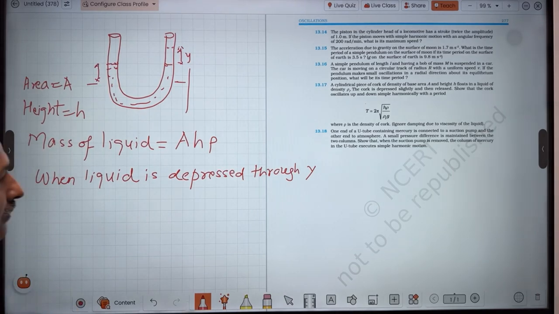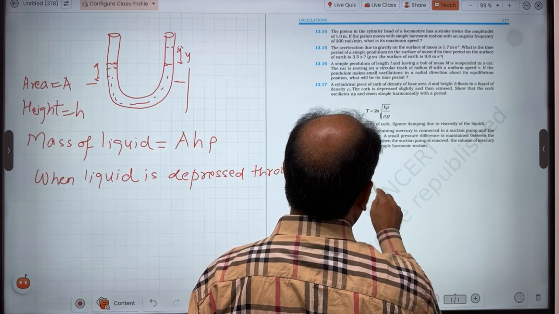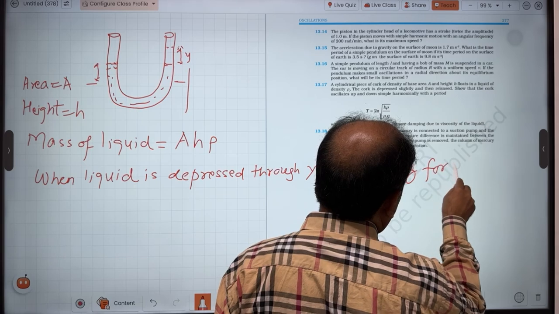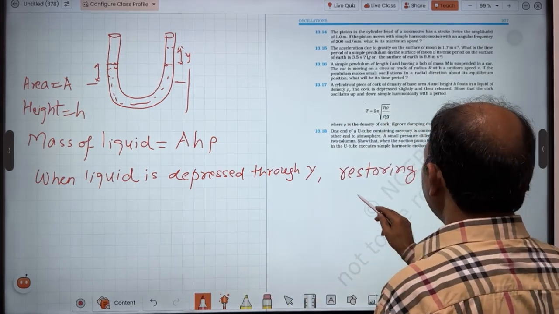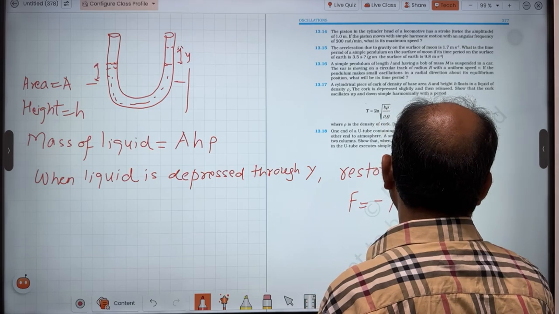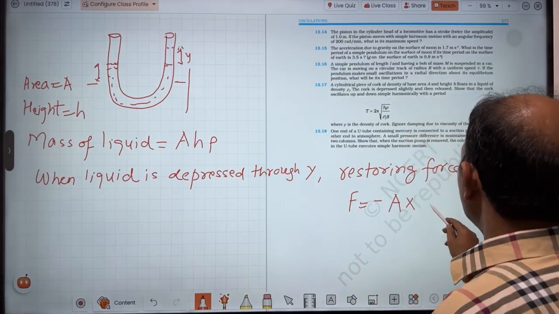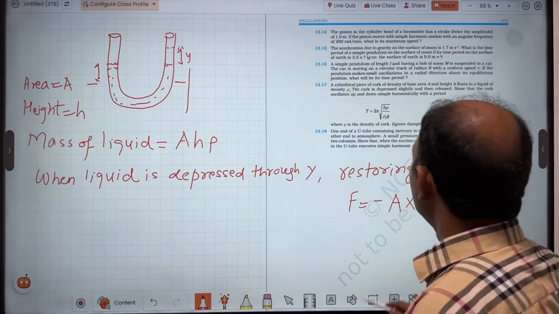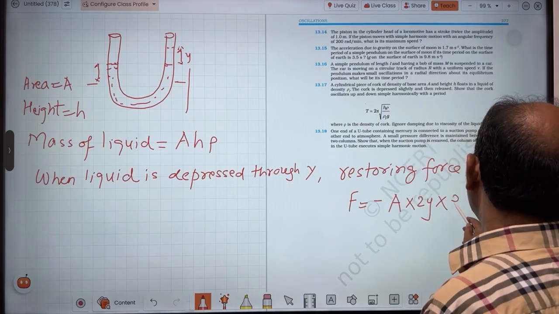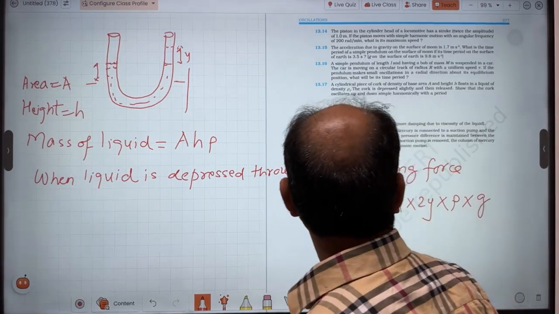Restoring force will be F equal to negative sign, A into height, so we have to take it 2y, this is volume, into density into G, right?